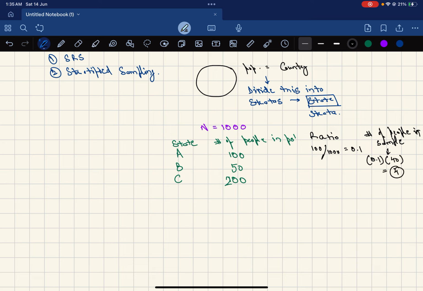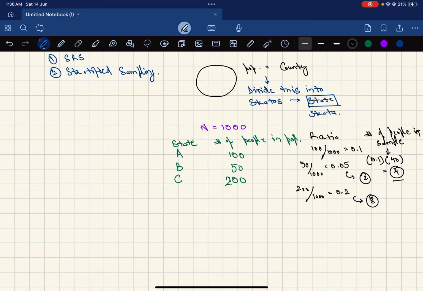So we need to select 4 people from state A. Now similarly, since we have 50 here, so 50 upon 1000, this will become 0.05, and therefore we will need to select 2 people from state B, and similarly 200 upon 1000, which is 0.2, and 0.2 into 40 is 8, so we need to select 8 people from state C.